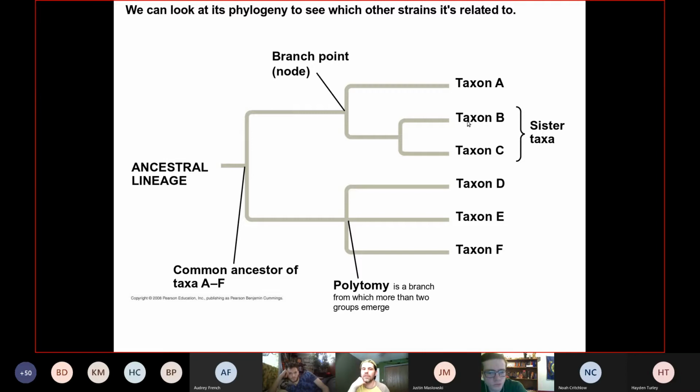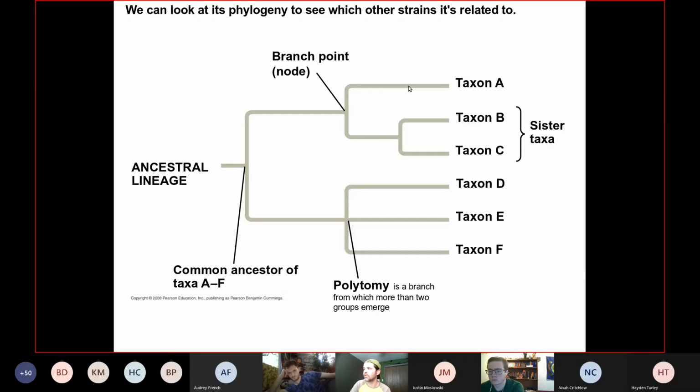With that in mind, what is sister to taxon A? Both B and C? B and C equally. All right. We do this by basically backtracking down. We find, okay, A, how long does it take to get to a common branch point? Here. Okay. There it is. Now, the same distance along a common branch point the other direction, B and C are equally distant from A if you were to track this back and measure it with a ruler, so to speak.